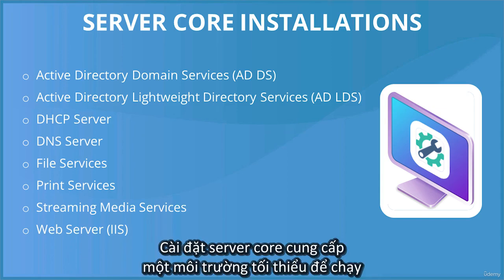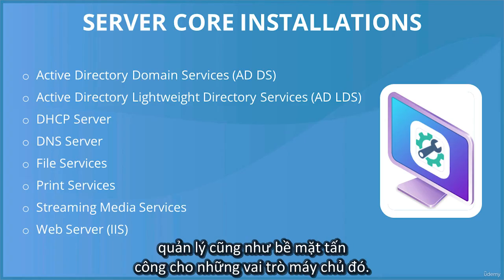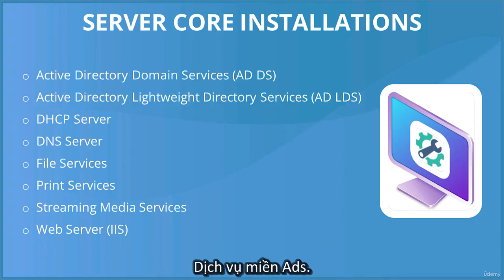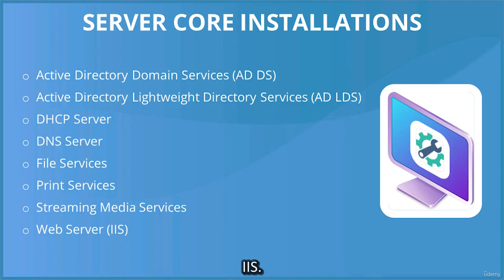A Server Core installation provides a minimal environment for running specific server roles, which reduces the maintenance and management requirements, as well as the attack surface for those particular server roles. So a server running a Server Core installation supports these server roles: Active Directory Domain Services, ADDS, Active Directory Lightweight Directory Services, ADLDS, DHCP Server, DNS Server, File Services, Print Services, Streaming Media Services, Web Server, IIS.